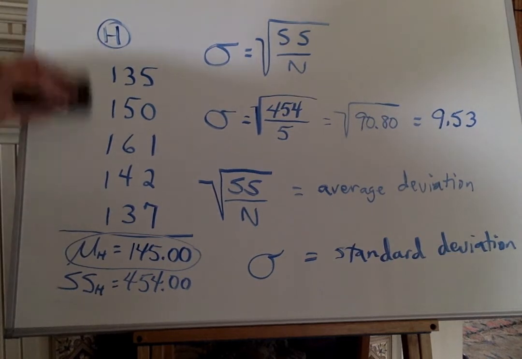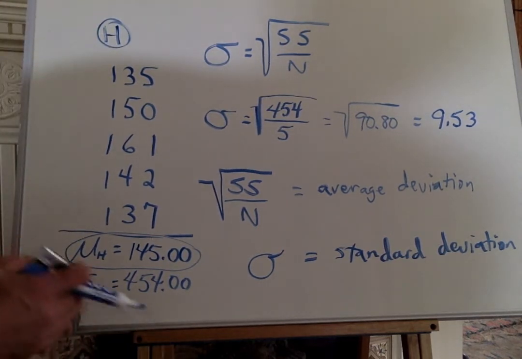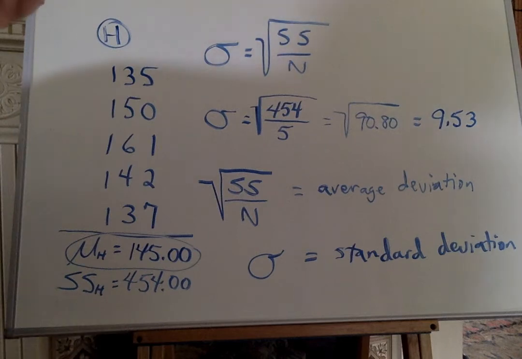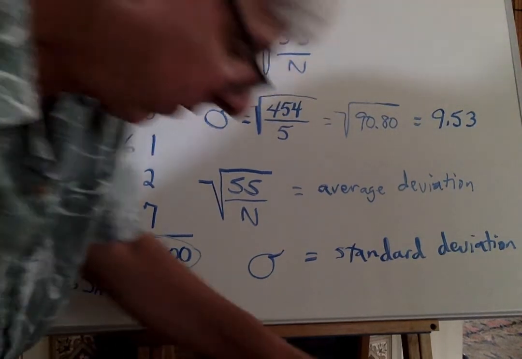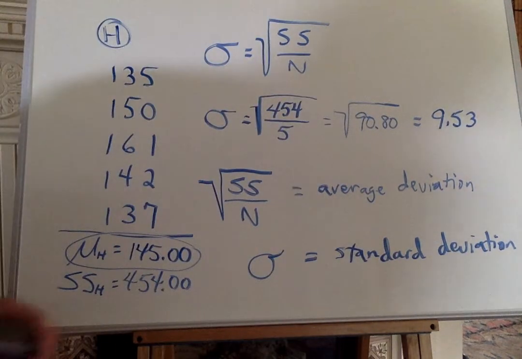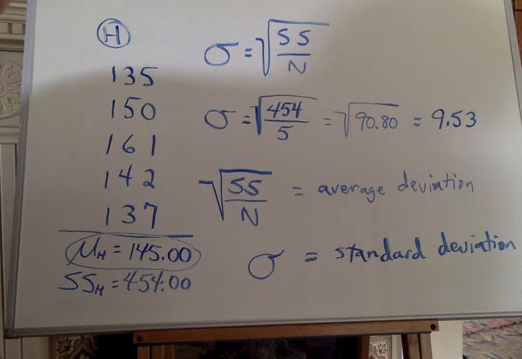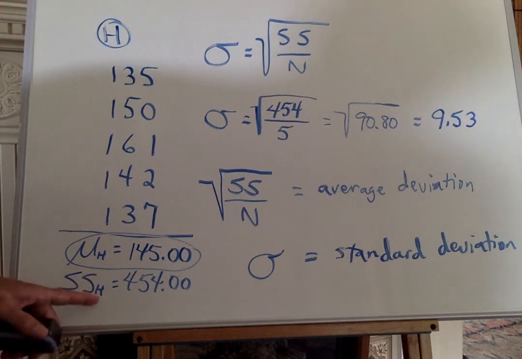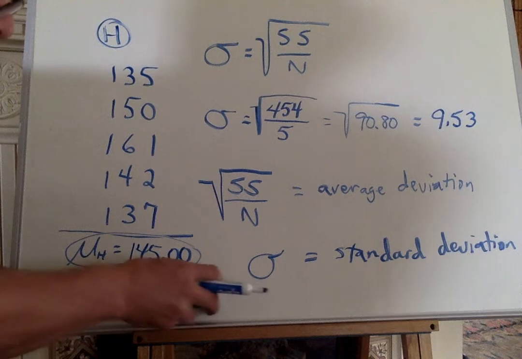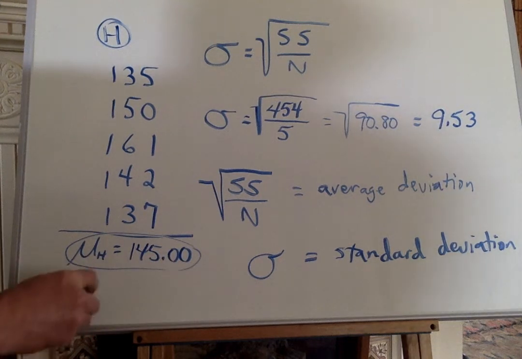But what I'm going to do then is report my standard deviation. And in fact, sum of squares is usually not what people will report. This is an intermediate step. What people typically will report is the standard deviation.